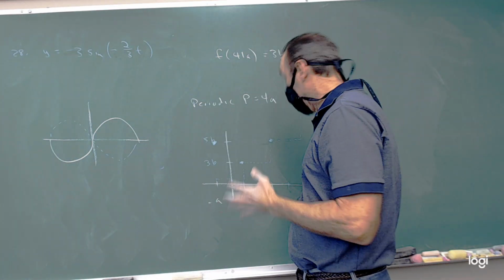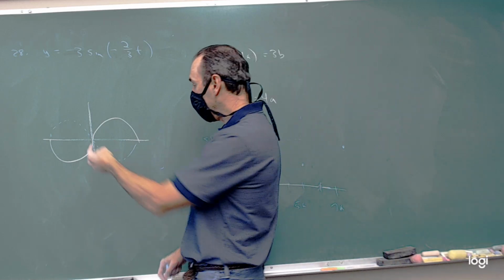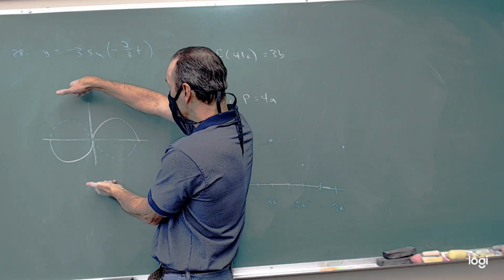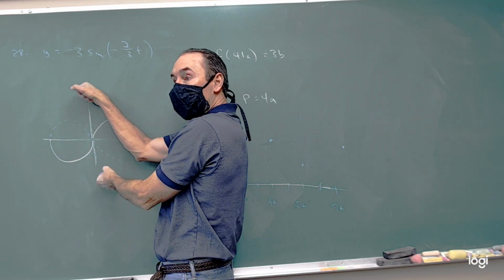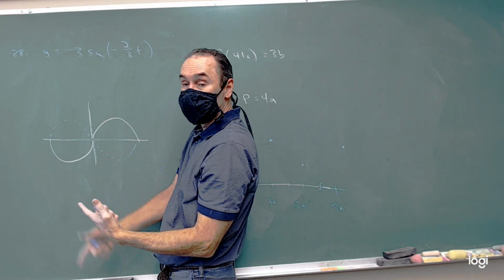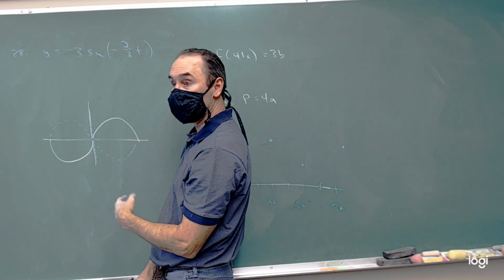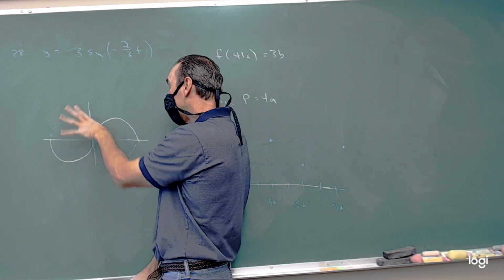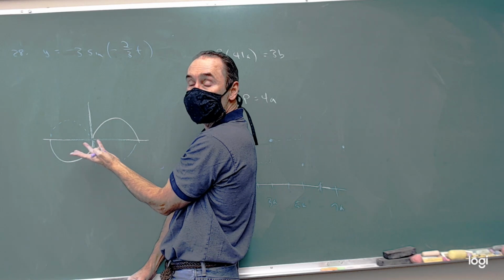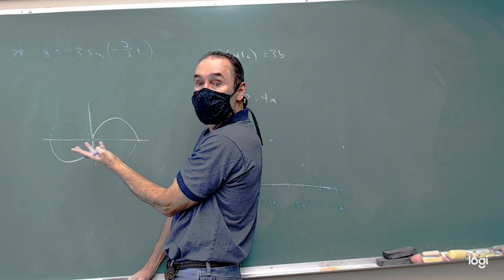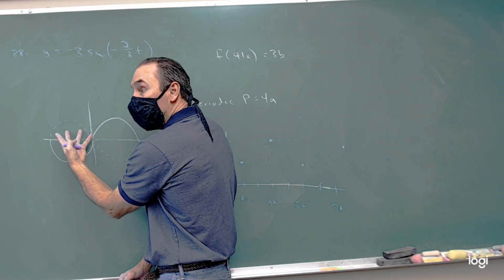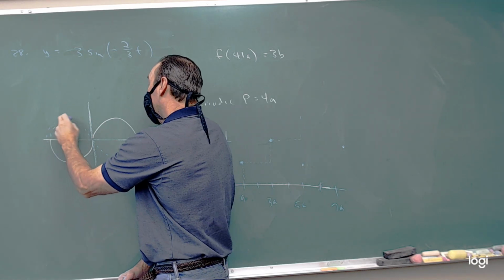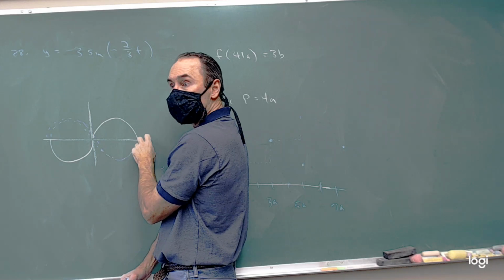But notice, because sine is odd, that is, if you hold your pencil on the origin and you turn it 180 degrees, it's identical. You get the same thing. So that also means that you can double reflect and get back there. If you reflect in the y and then take that reflection and reflect in the x, you get back to where you started. Which is saying that when you reflect in the y, you get the same thing as you reflected in the x.